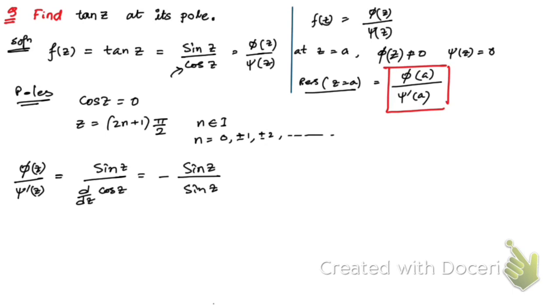So from here it is clear that these two are going to be equal to 1. If you cancel this, that's going to be minus 1.